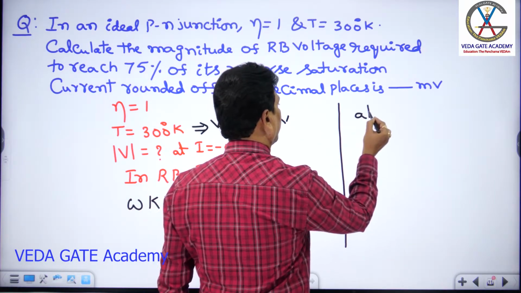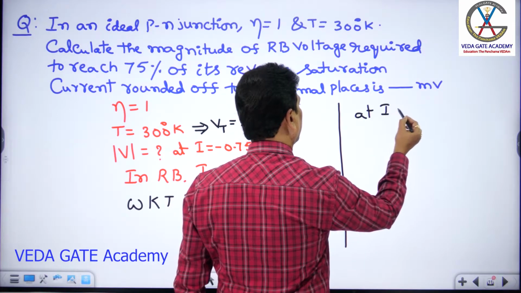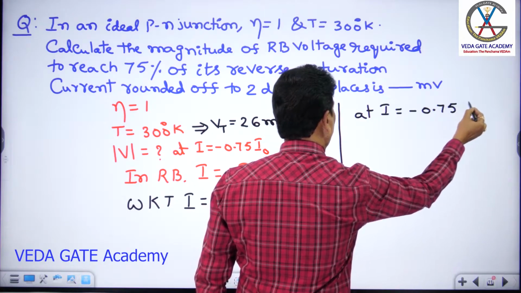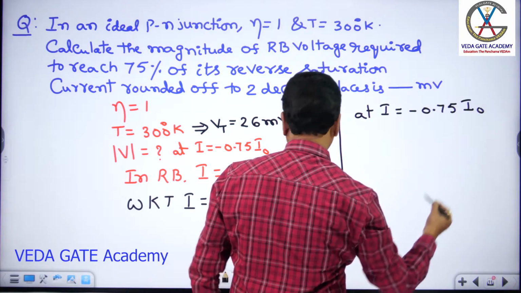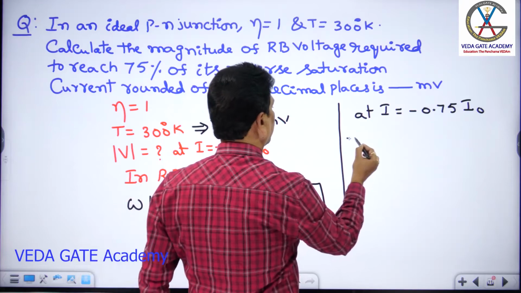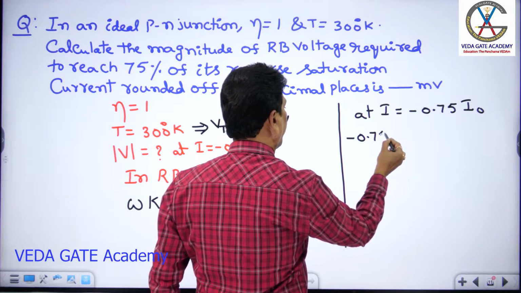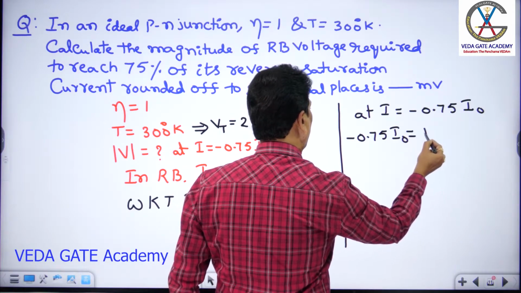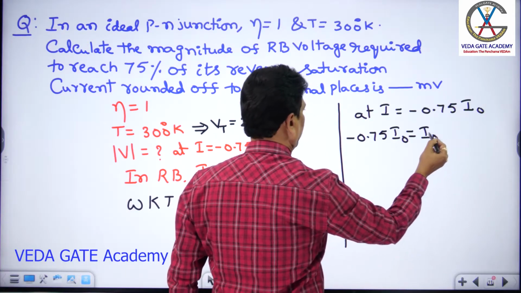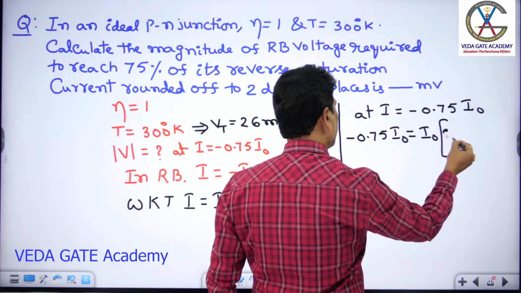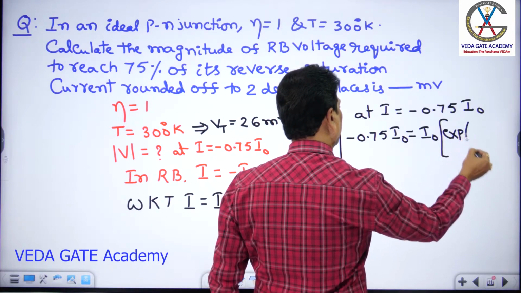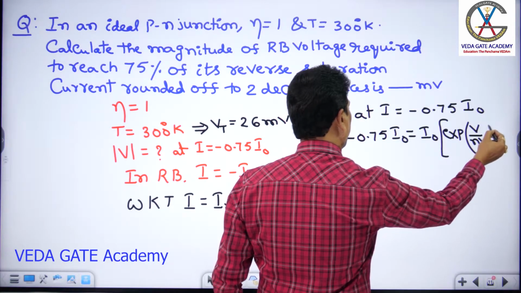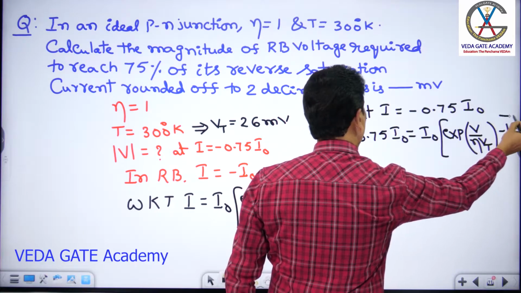At I equal to minus 0.75 I naught, we get minus 0.75 I naught equal to I naught into exponential of V by eta Vt, minus 1.